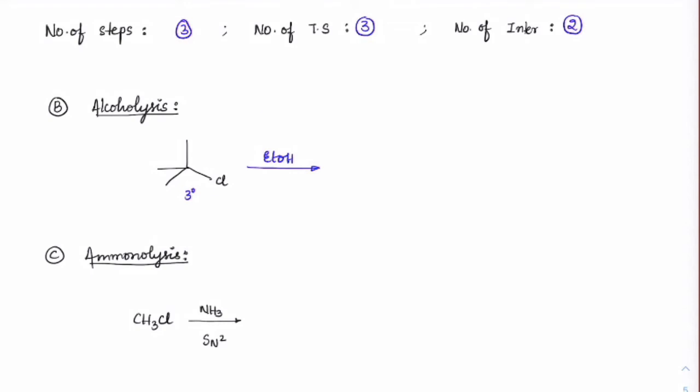You can take any alcohol, MeOH, BuOH, and so on. Preferably an alcohol which is not too bulky. The rate would be very slow for that.